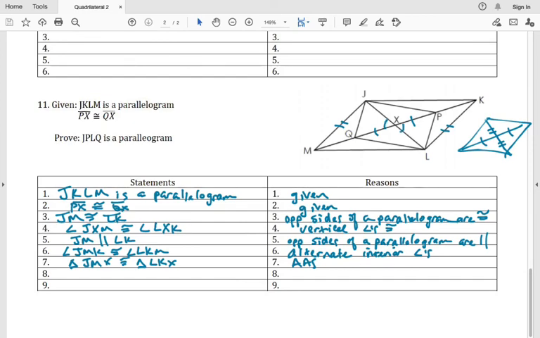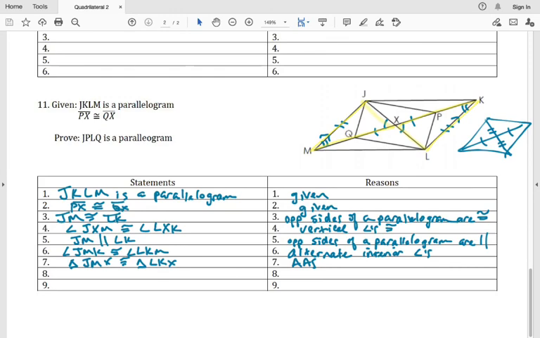We also know that JM is parallel to LK. Therefore, alternate interior angles are congruent. So this angle is congruent to this angle. And then we were able to prove that those two triangles were congruent. What we showed was that this triangle was congruent to this triangle here. Now that I know those two triangles are congruent to each other, I know their corresponding parts are congruent.